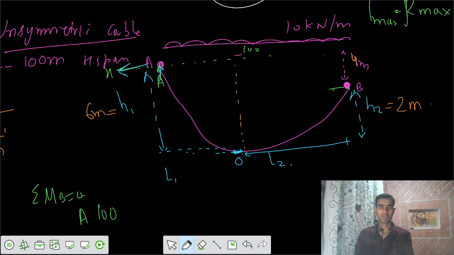We have to keep that negative. Minus H into the perpendicular distance between H and B, which I would say is 4 meter. So we write minus H into 4.